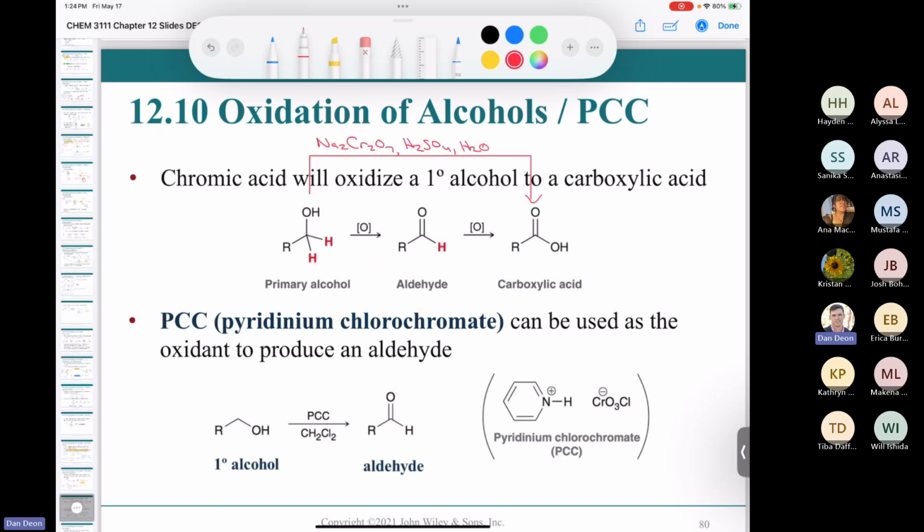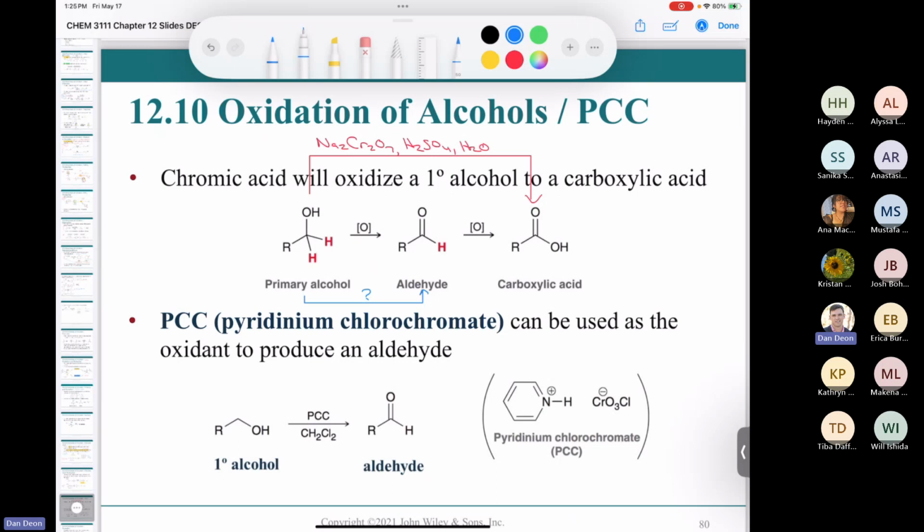If you treat a primary alcohol with chromic acid, it goes right to a carboxylic acid. So then the question becomes, is there a way for me to go from the primary alcohol to the aldehyde directly and stop there? And the answer is yes.